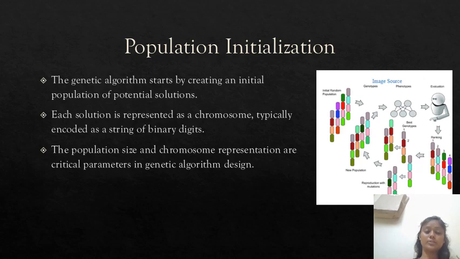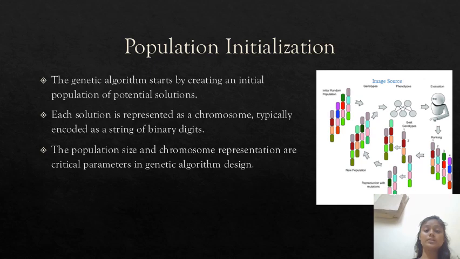Population initialization. The genetic algorithm starts by creating an initial population of potential solutions. Each solution is represented as a chromosome, typically encoded as a string of binary digits. The population size and chromosome representation are critical parameters in genetic algorithm design.